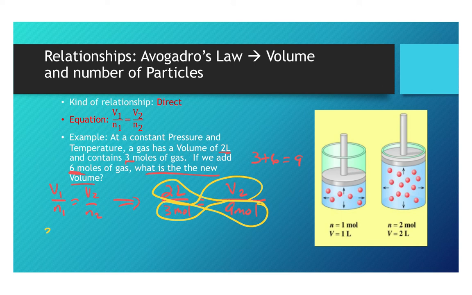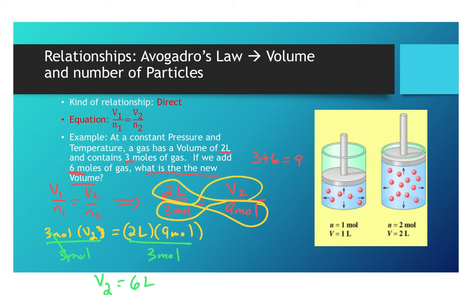When I do that, I end up with 3 moles times V2 equals 2 liters times 9 moles. Solving for V2, I divide both sides by 3 moles. And when I get done with that, I'm going to end up with a new volume of 6 liters.